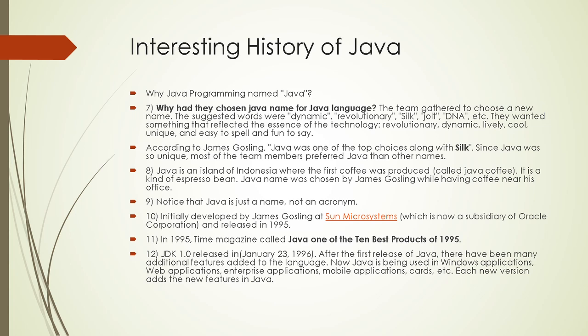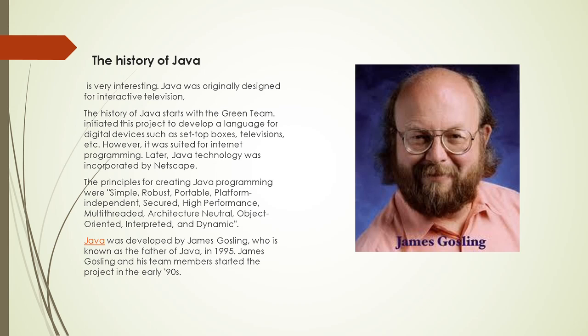Later on they called it Oak, taken from an oak tree near their office, and it was a part of their Green project, developing applications for set-top boxes and digital devices. They gave this name Oak because there is an oak tree outside their office, and it is also the national tree of many countries like USA, France, Germany, Romania, etc.